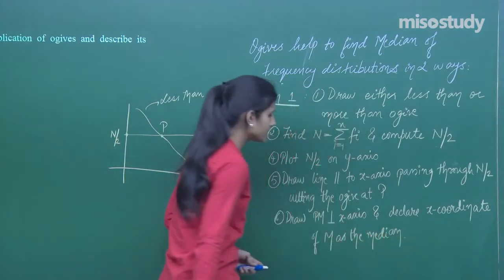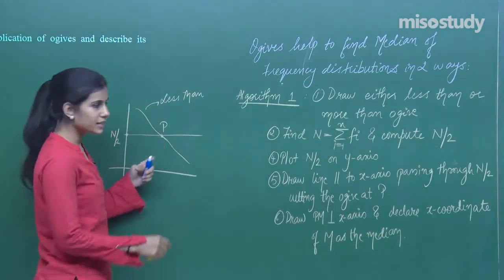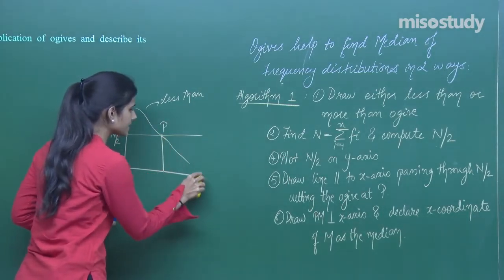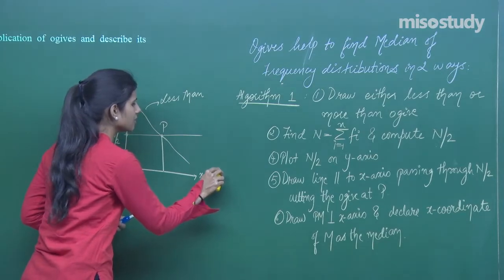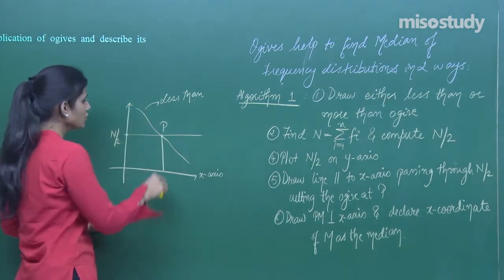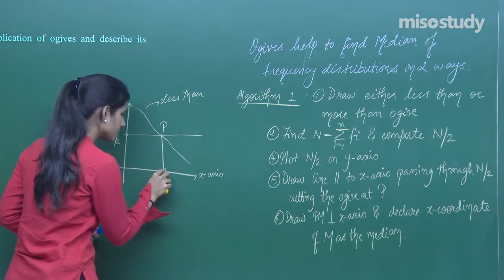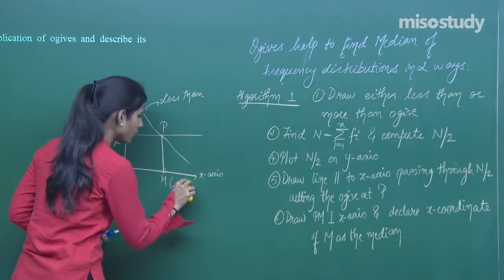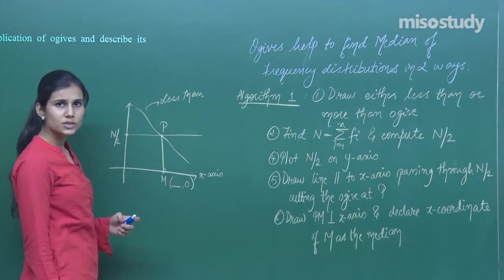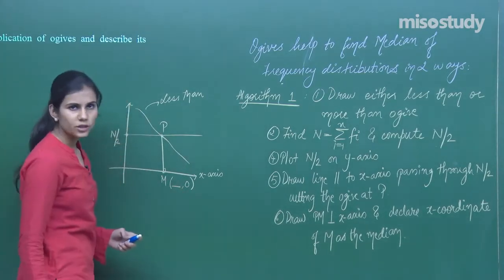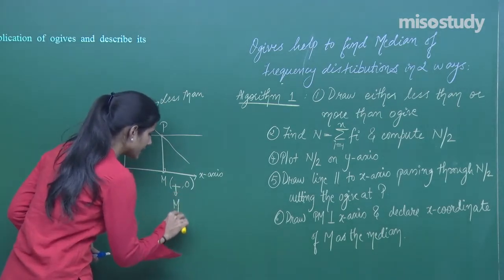So once point P is marked, drop a perpendicular onto the x-axis. This is the x-axis, this is the y-axis. So drop PM perpendicular to the x-axis. Now this point M is going to be something comma 0. On the x-axis you have points like this only, something comma 0. This something is the x-coordinate of point M, and this will be declared as the median.